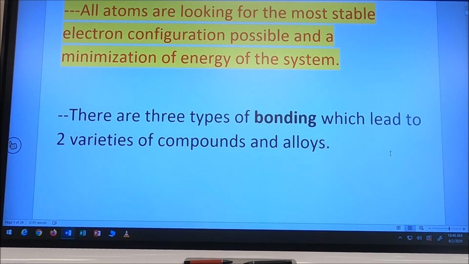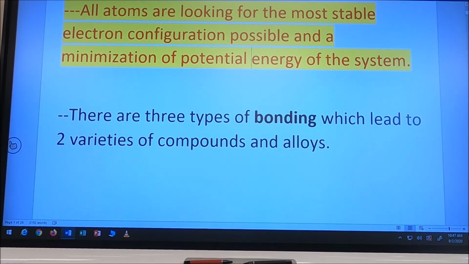Now, the reason that bonding happens is that all atoms are looking for the most stable electron configuration possible and a minimization of the energy of the system. Really, I should say a minimization of the potential energy of the system. So let me add that in right here, potential. Okay, minimization of the potential energy of the system.